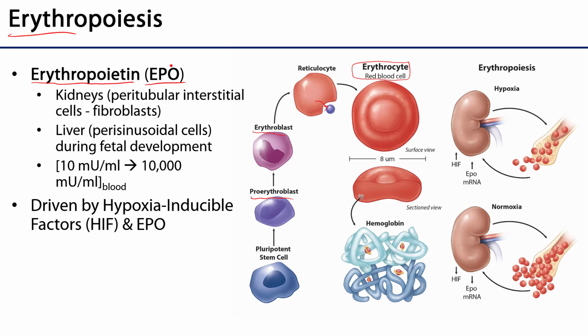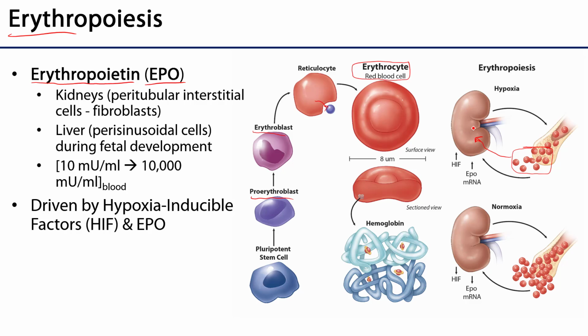And so what happens is, under hypoxic conditions, so you have a certain normal level of hematocrit there, but under hypoxic conditions, for whatever reasons, these fibroblasts really kick in, and these hypoxic conditions are going to cause the fibroblasts to produce EPO.